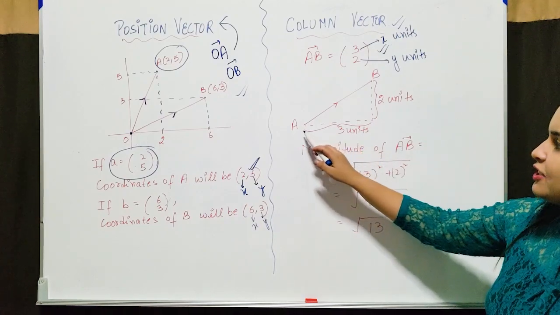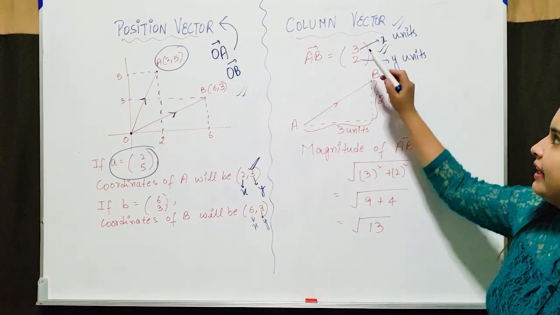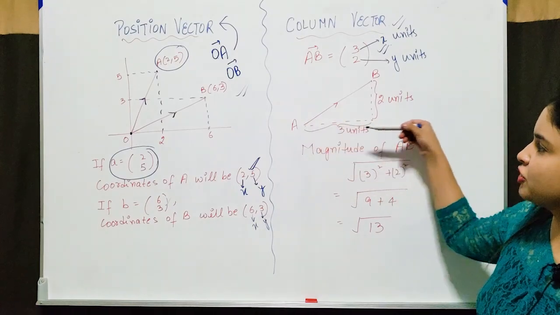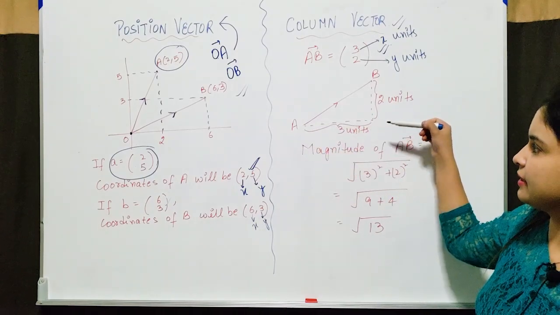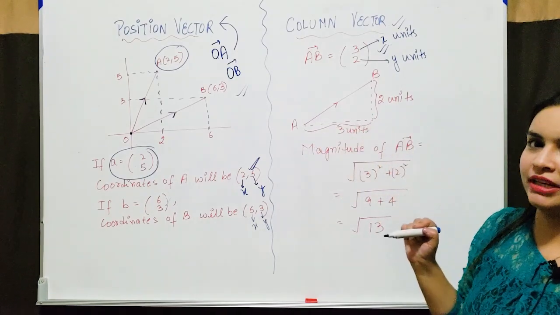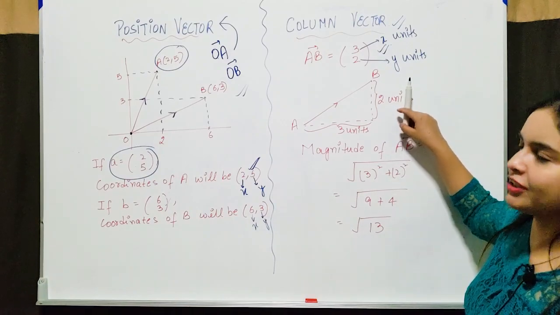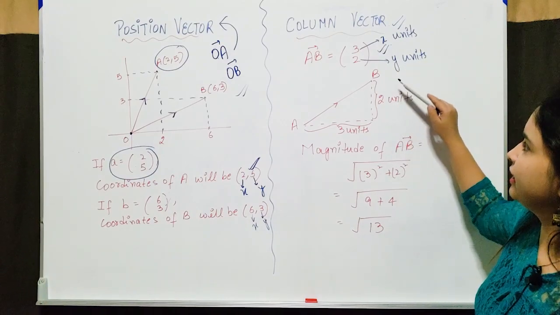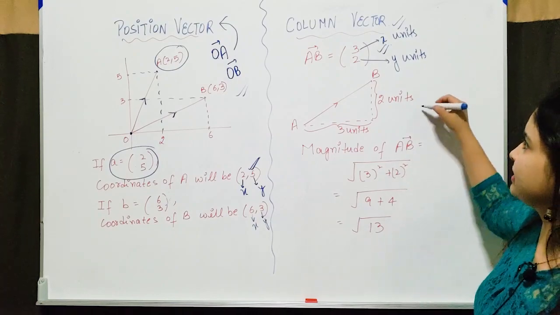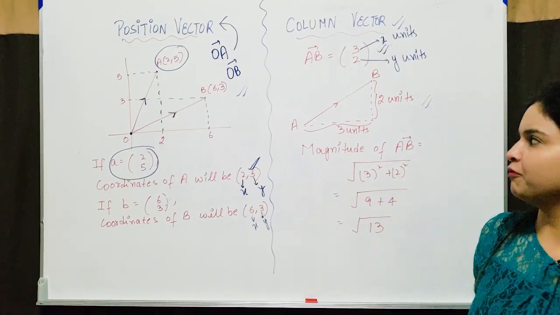So, if this is my vector AB, the x coordinate, that means the horizontal axis, will be 3 units and the vertical axis, which is the y axis, will be 2 units. So, this is how you represent your column vector.